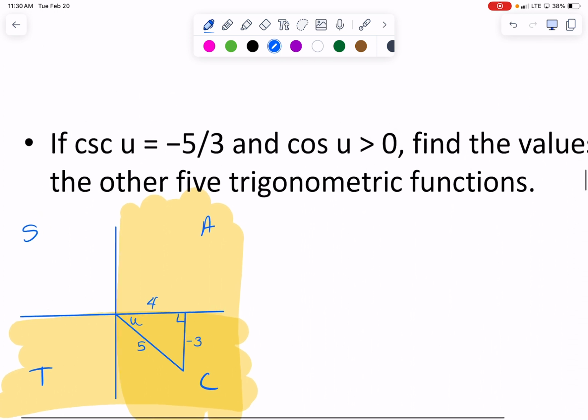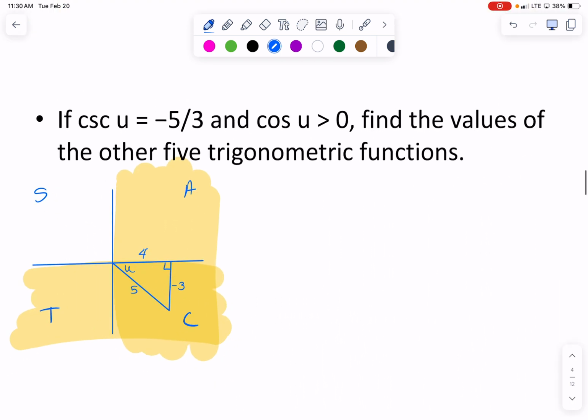For your sanity, what are some other Pythagorean triples? 5, 12, 13. 6, 8, 10, and that's a multiple of 3, 4, 5. 7, 24, 25.